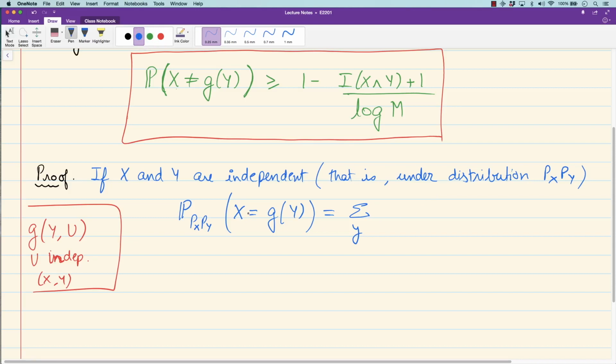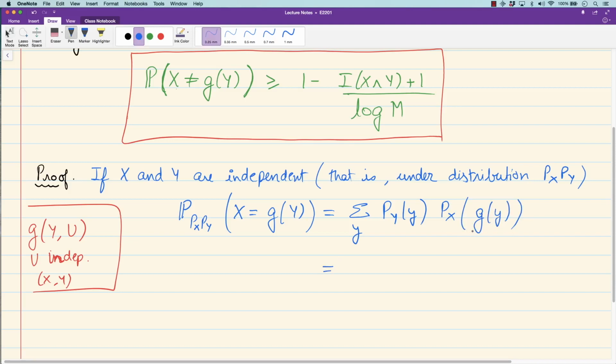All right. So what's the probability of guessing X from Y if X and Y are independent? Well, that probability is the probability that you see some y, and then X. This is the probability of correctness. The value of X that occurs is exactly g(y).